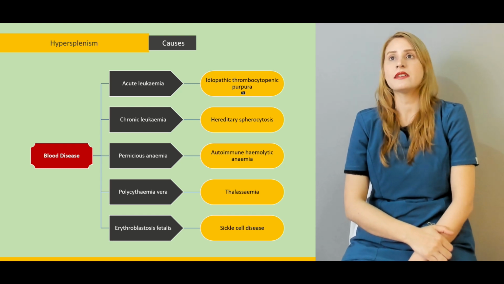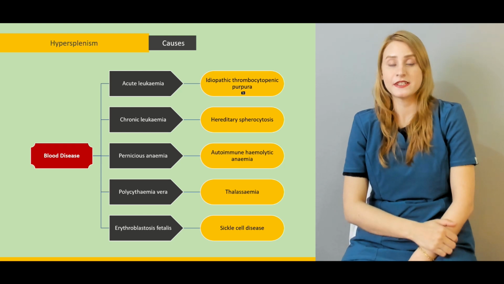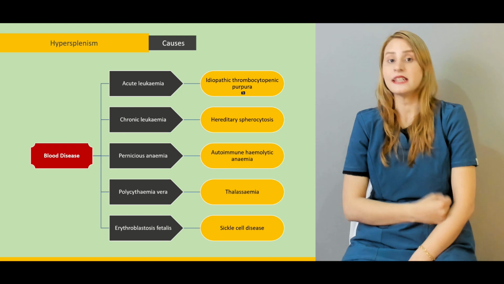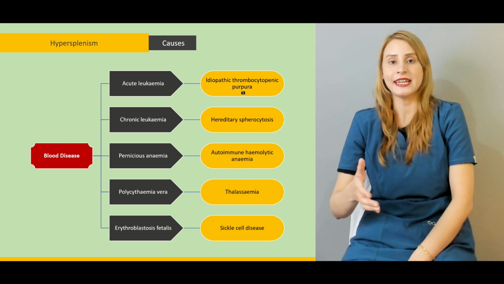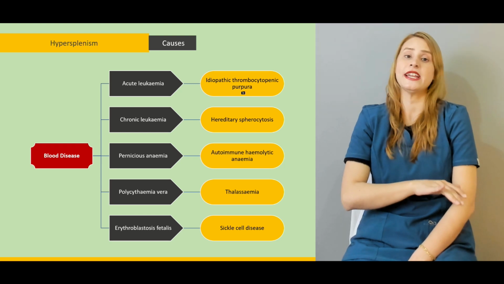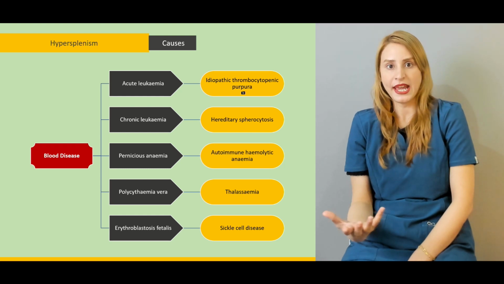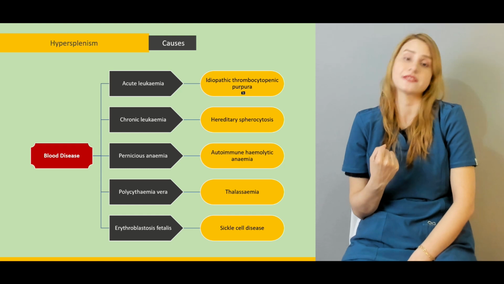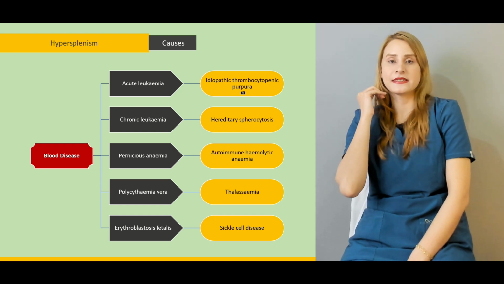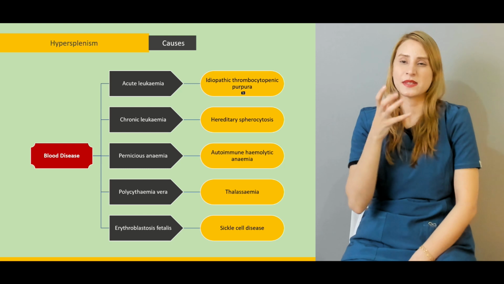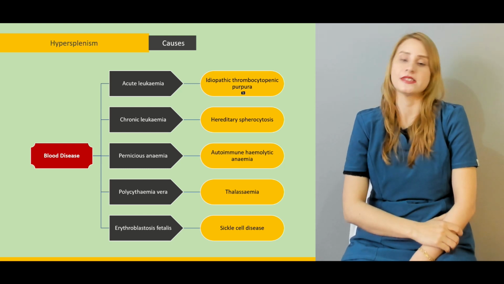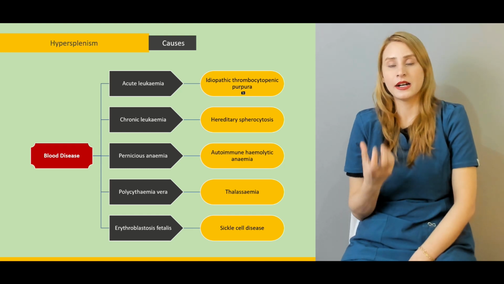Another important cause for the development of splenomegaly is sickle cell disease, in which the normal hemoglobin A is replaced by hemoglobin S, the sickle hemoglobin, because of a genetic mutation.